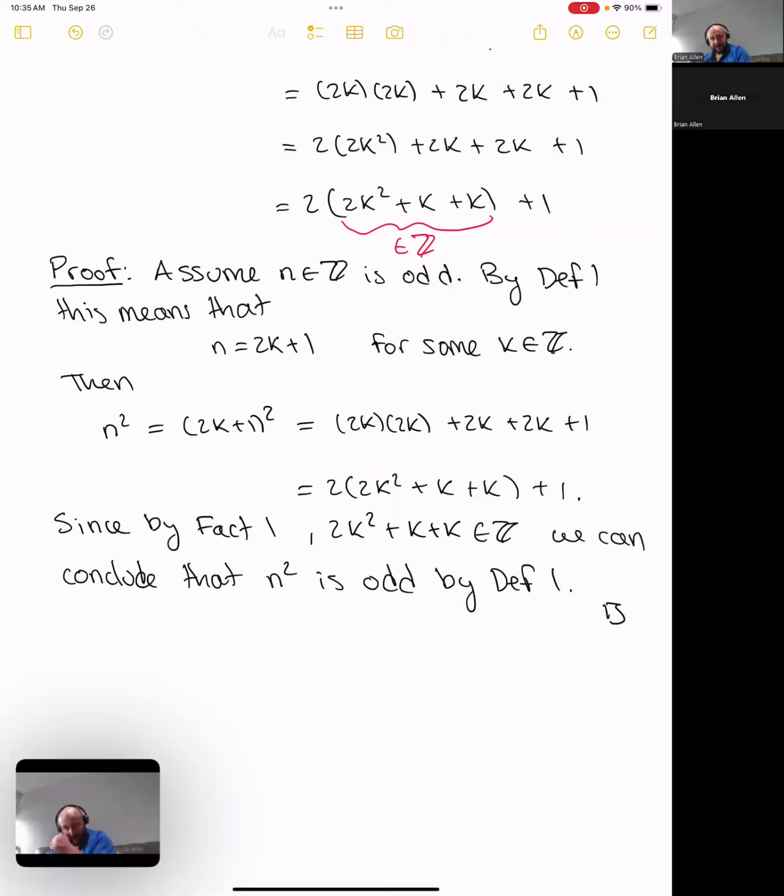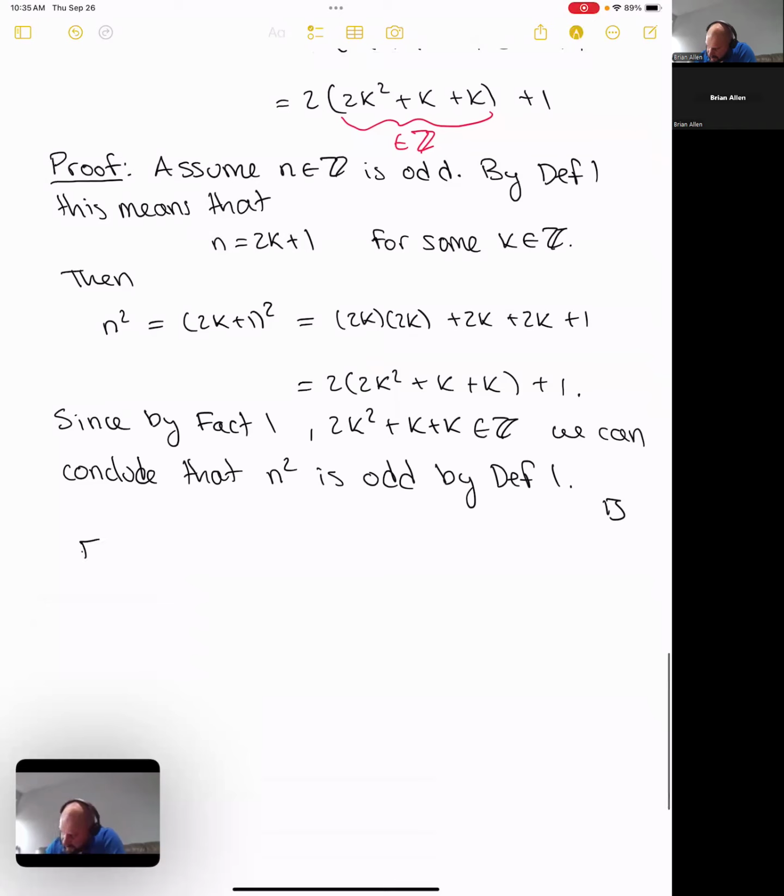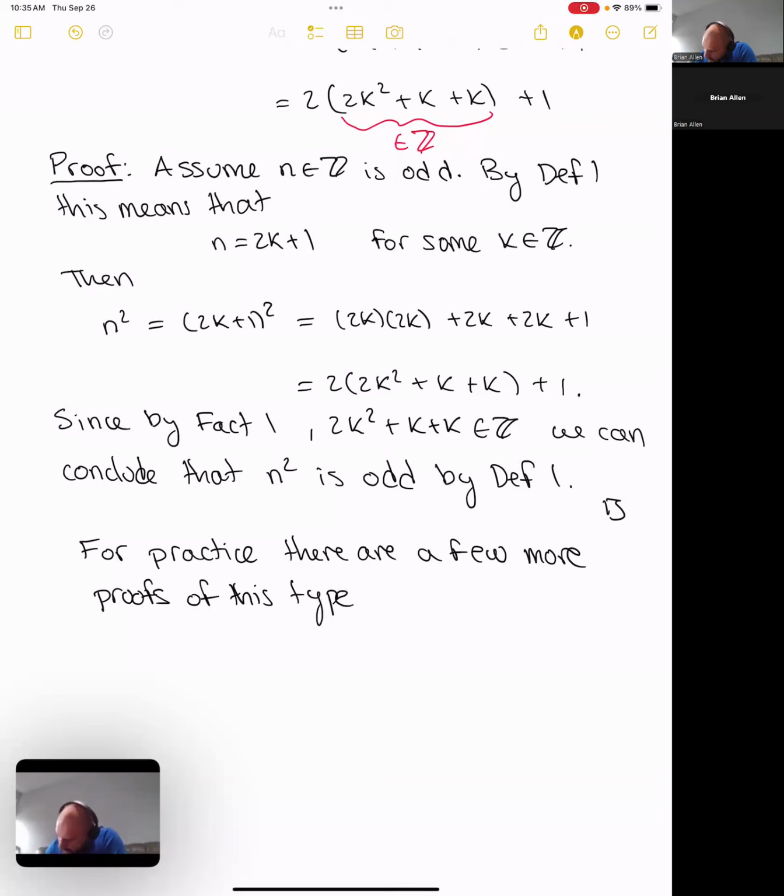So that ends the proof. And I just want to say that those are the examples that I'm going to do. But there are actually several more proofs of this type in the book. So for practice, either exercises that you can do or proofs that you can look at, there are a few more proofs of this type on page 51 of the textbook.